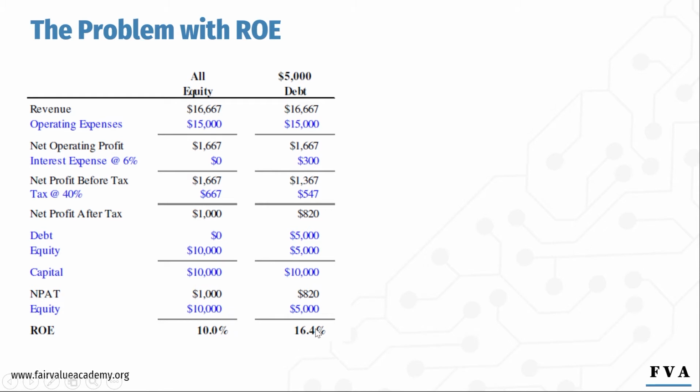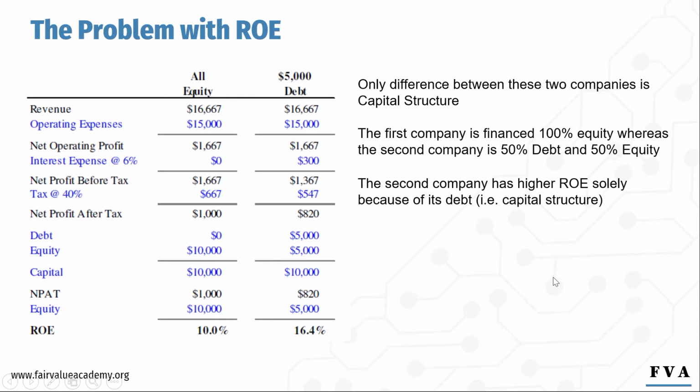And so ROE for the company with debt looks way more attractive, even though at the operational level, both companies are the same. For this reason, investors, in particular M&A investors, especially private equity investors, prefer to look at ROIC, return on invested capital, when analyzing companies. Let me talk you through ROIC.